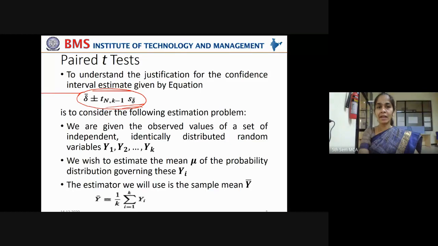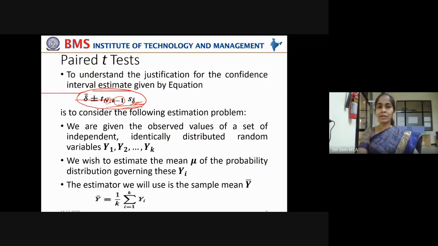I'm not simply saying delta bar plus or minus t and k minus 1. Listen carefully how I am reading this, so that each time you are understanding this concept, you also read this mathematical notation in complete English text, so that you will memorize it easily. Okay, so it is the mean error plus or minus the critical value t at confidence interval n and k minus 1 degrees of freedom multiplied by the standard deviation of the estimated mean error.